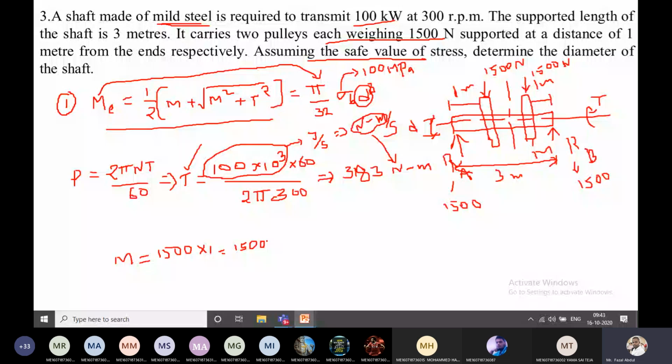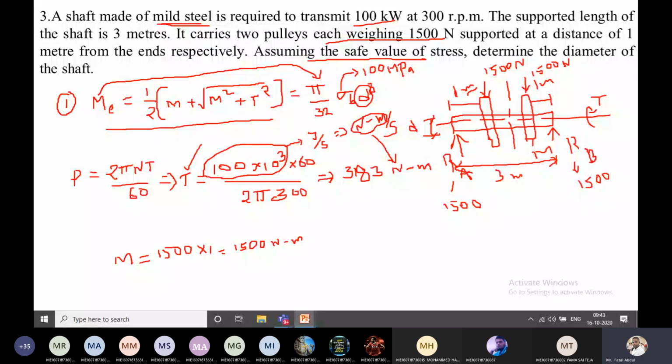Now tell me the answer for diameter D, because I have written everything here. You only need to substitute the values in this equation. M value we got as 1500 Newton meter, T is 3183 Newton meter, and sigma b we assumed as 100 megapascal. Tell me the D value in mm.